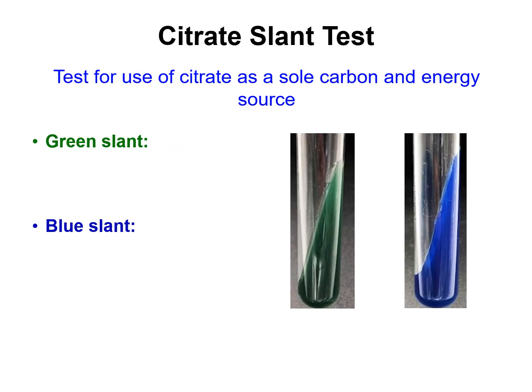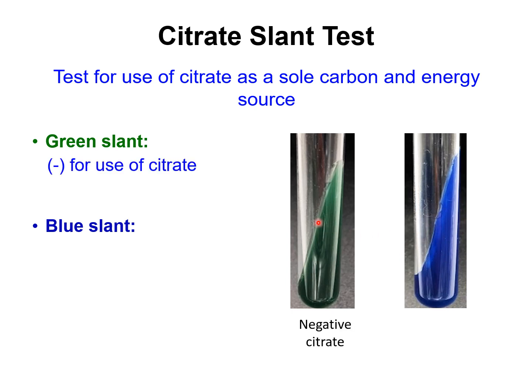So the citrate test, we want to figure out whether your bacteria is capable of using citrate. Okay, and citrate is used by the bacteria as a source of carbon and as a source of energy. So if your bacteria is capable of using citrate to get some energy and to basically get its carbon source, then what's going to happen is it's going to turn blue in color.